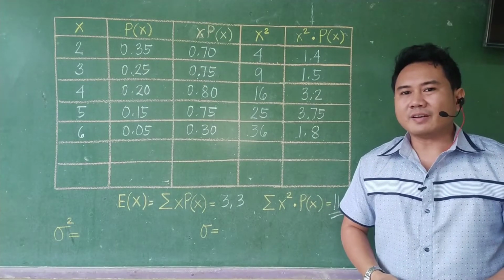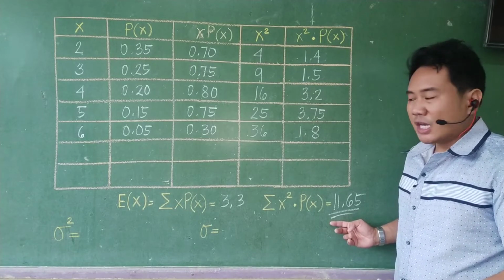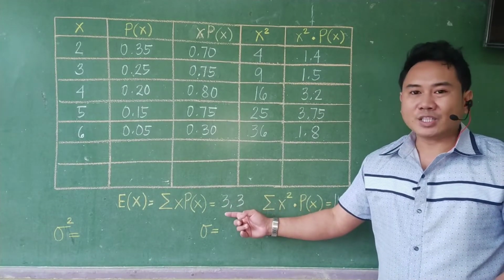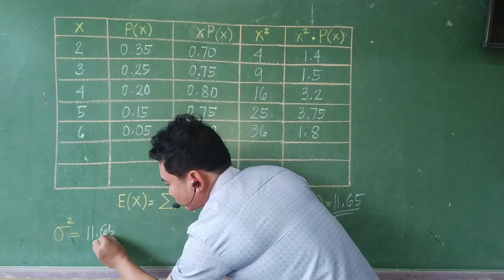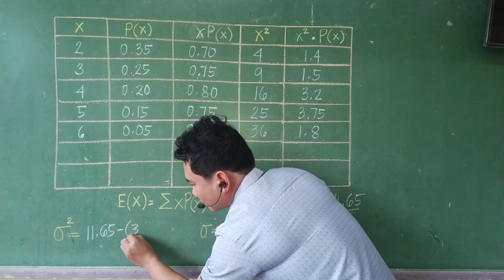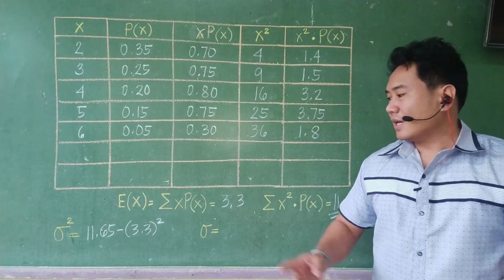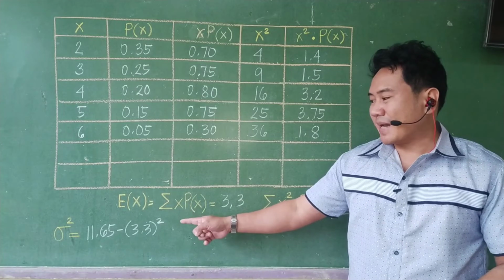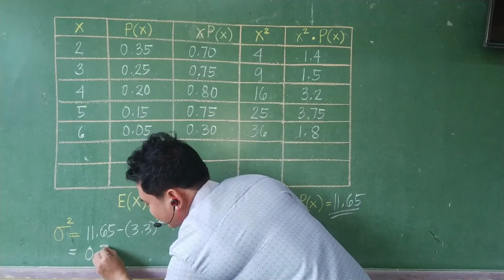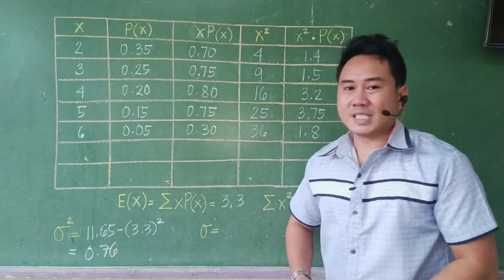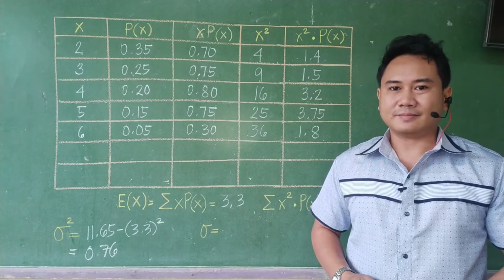To solve for our variance, we are going to subtract 11.65 to the square of our mean, 3.3. 11.65 minus 3.3 squared equals 0.76. 0.76 is our variance.